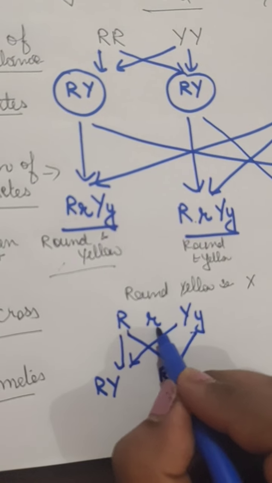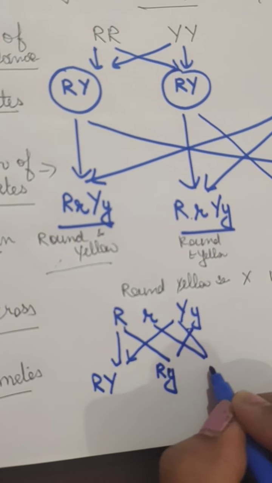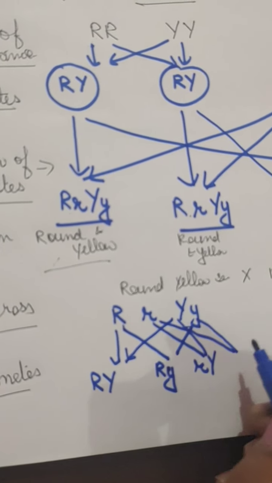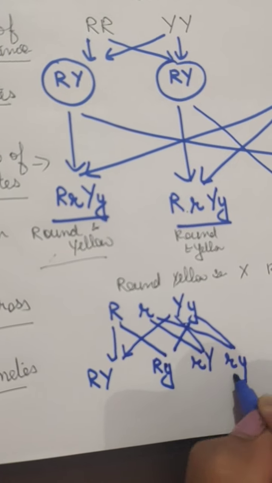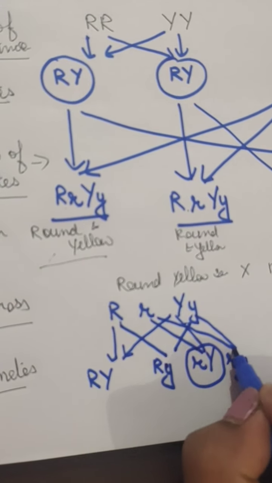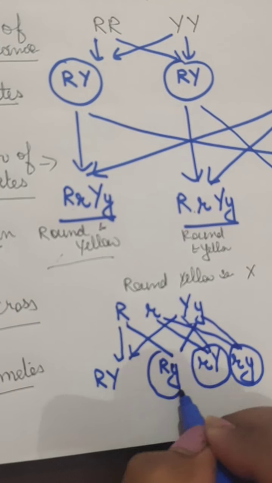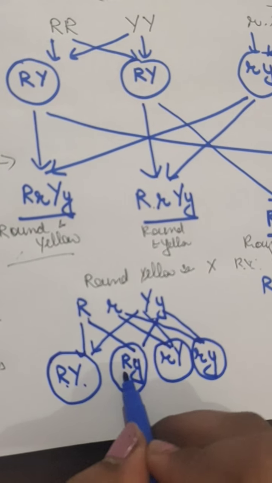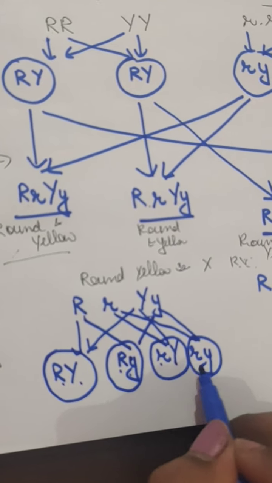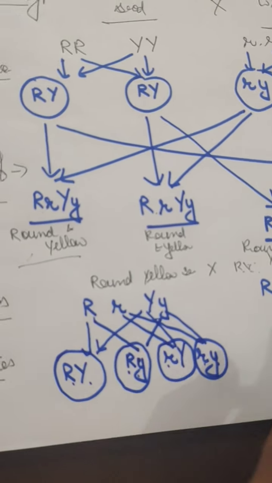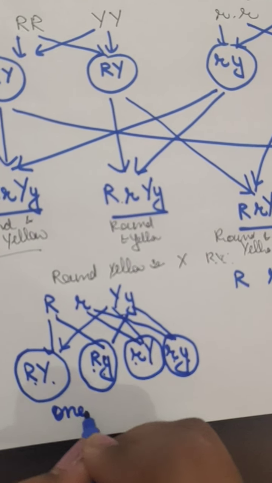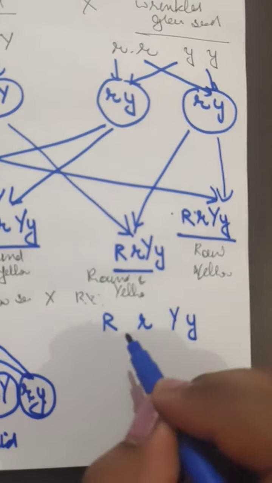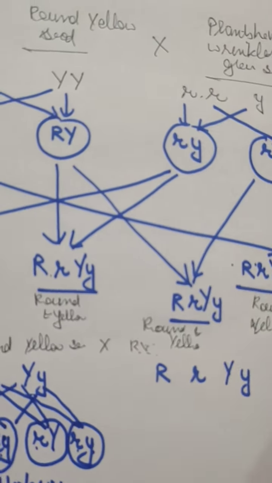So now this r with this Y, small r and capital Y, and then this r with this y will be small r and small y. So I hope you see clearly the gametes. So there are 4 gametes: capital R capital Y, capital R small y, small r capital Y, and small r small y. Okay, so for this all again, I'll be using another pen.